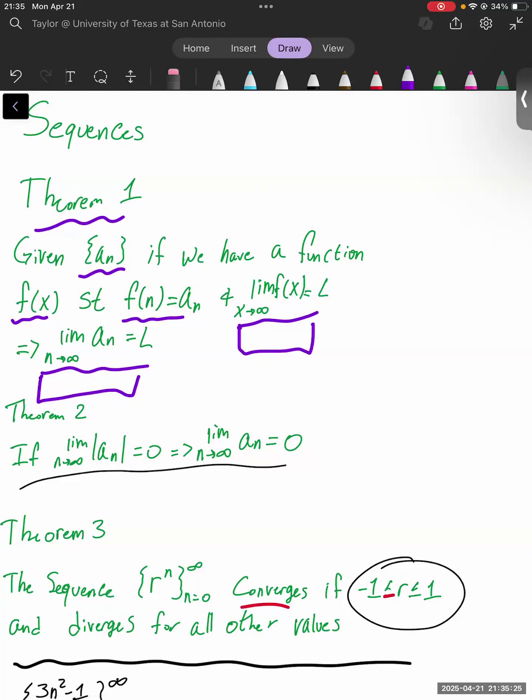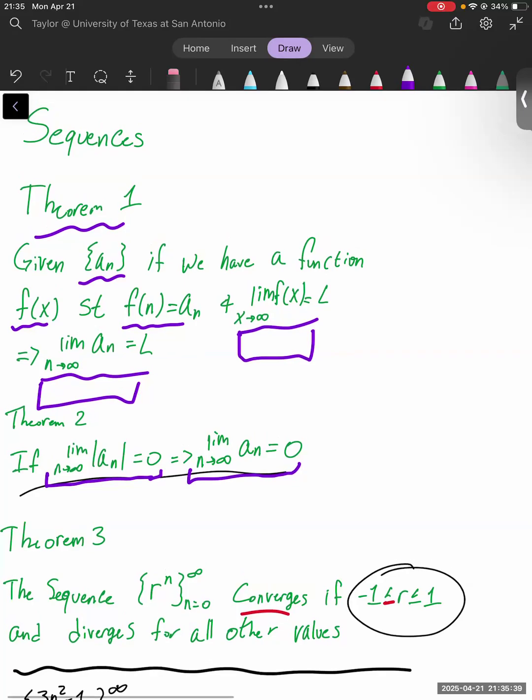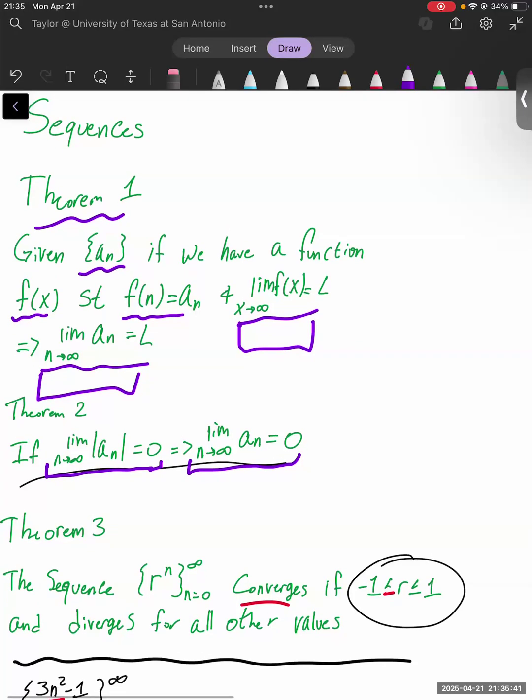Our second theorem here is that if the limit of the absolute value of our sequence equals 0, then the limit of our sequence also equals 0. And the last theorem that we have to look at here is theorem 3.